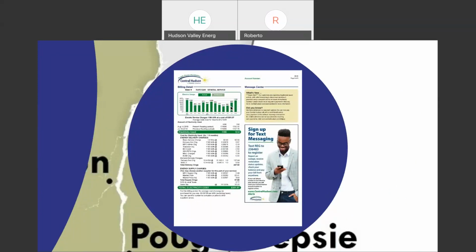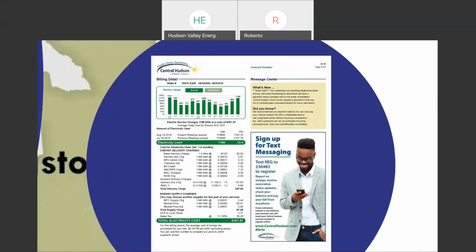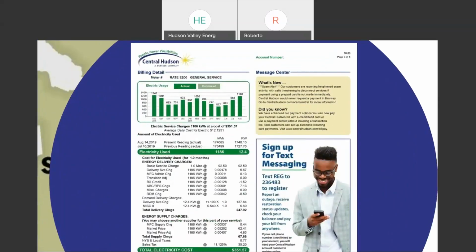So taking a look at a sample bill. As you can see on this bill, if you are a business customer and tend to use more than 10 kilowatts in a given instant, you will be placed into this rate class and will be charged a high basic service charge of $9.50, very big difference from that $30 charge.